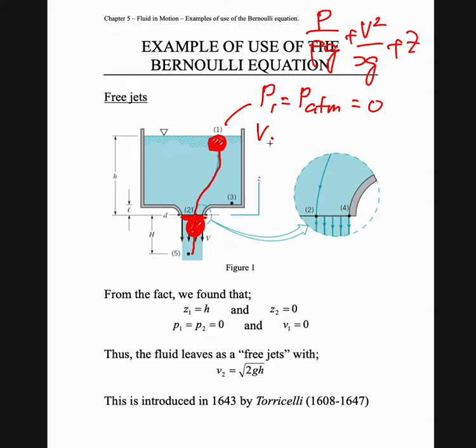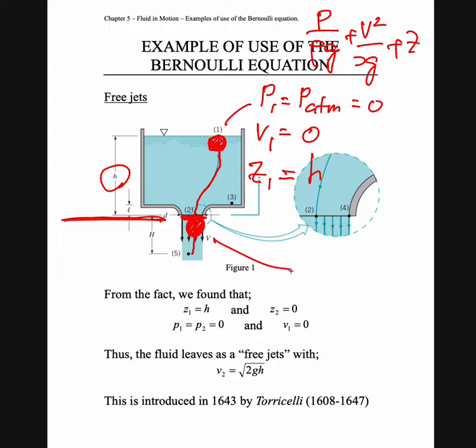Velocity V1 here, as I said, starts from the static condition and then moves with a certain velocity, so the velocity at point number 1 is also 0. Then we have Z1 here. Z1 means the potential energy. The potential energy needs to be measured from one specific datum. A fixed datum means the datum for point 1 and point 2 must be the same datum. So it is okay for us to take this line as the datum, so the Z here is h. It's equal to this height.